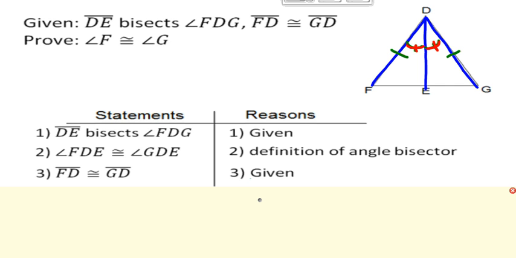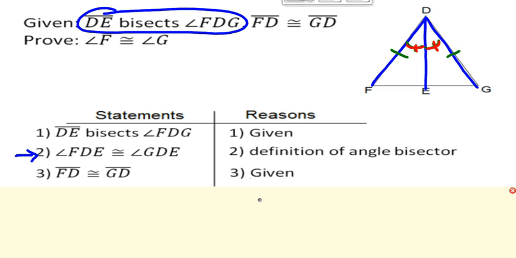After their first piece of given information, they stopped and said, okay, I'm going to put that in there right now so I don't forget it. So DE bisects FDG, then the very next statement says those two angles have to be congruent because of definition of angle bisector.